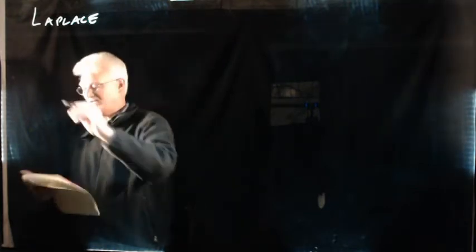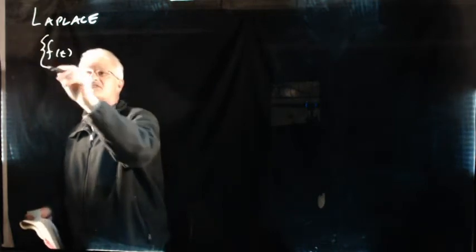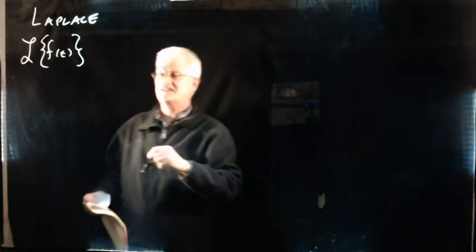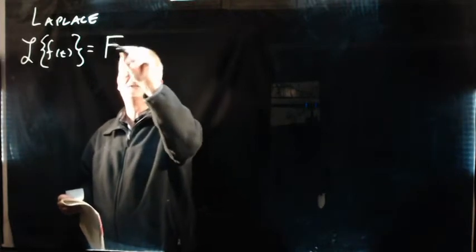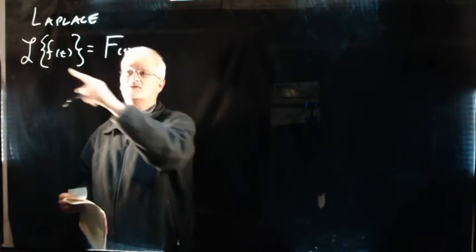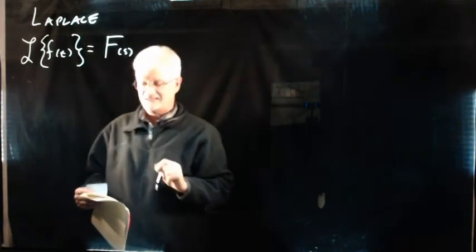And so with the Laplace transform, if we have a function f of t, if we take the Laplace transform of that function, we get to use the uppercase s, and we're going to use the mechanical engineering Laplace transform, which is basically all you really have to do is change the lowercase letter into an uppercase letter, and instead of f of t, we're going to make it f of s.